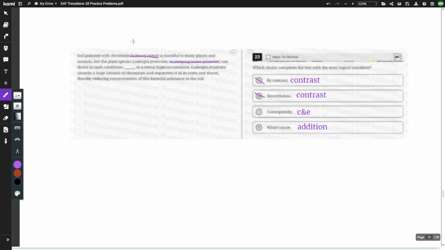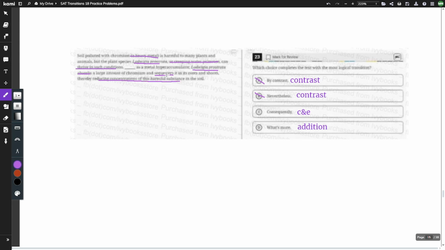That was a challenge, but let's look at this first sentence. Here it says that this chromium is harmful, but this one plant can thrive in it. And not only that, this plant absorbs it and sequesters it so it can reduce concentrations of this harmful substance.